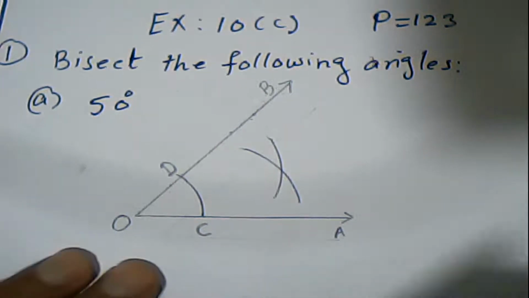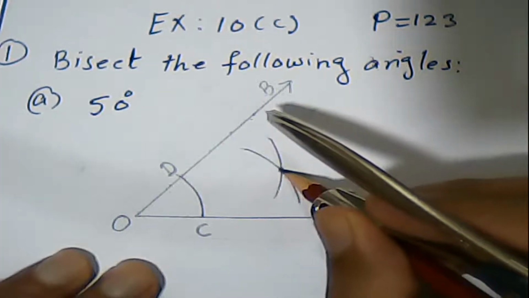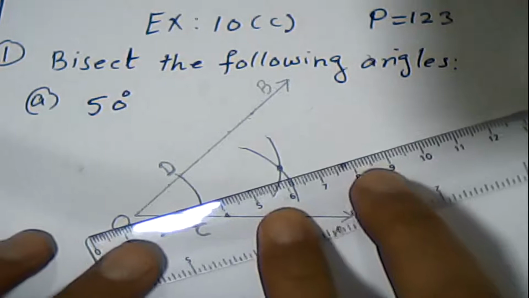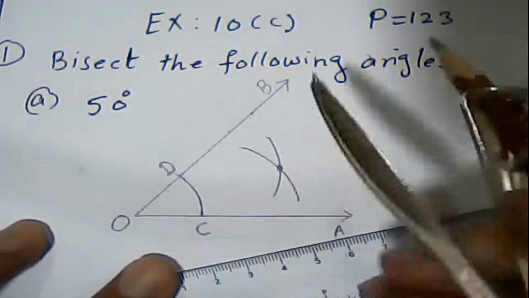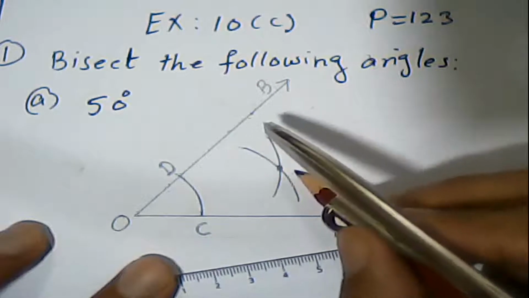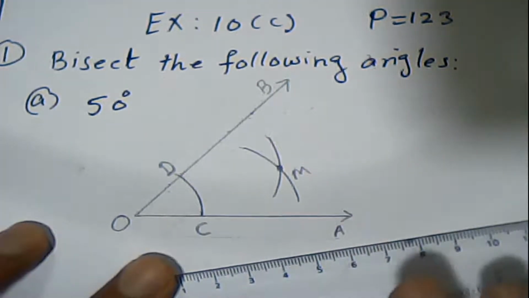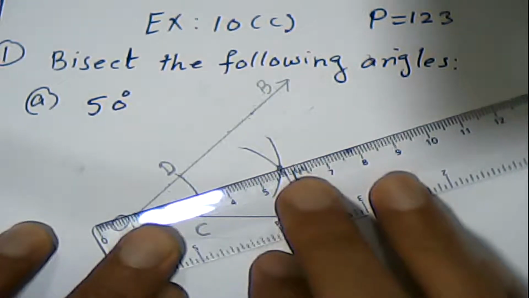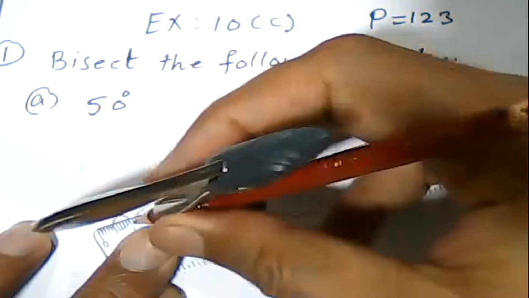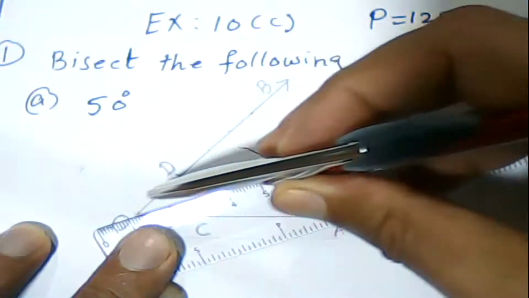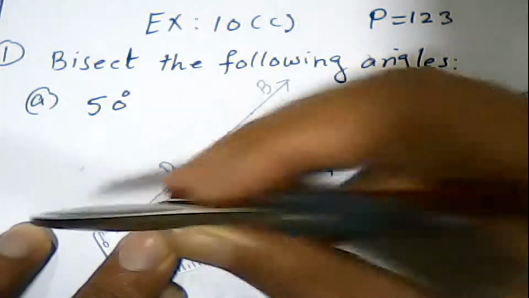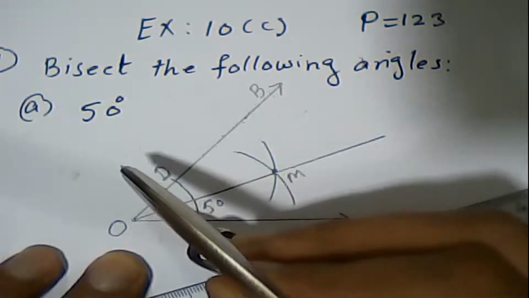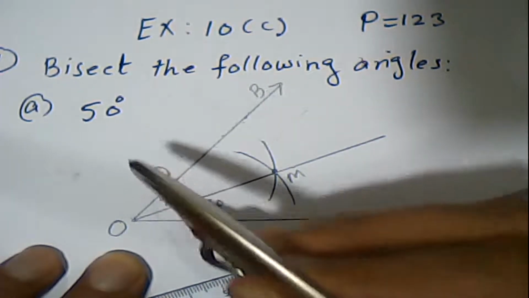Now these arcs will cut at a point M. This is point M. Now draw a straight line. This whole angle is 50 degrees, and this is 25 degrees and 25 degrees.